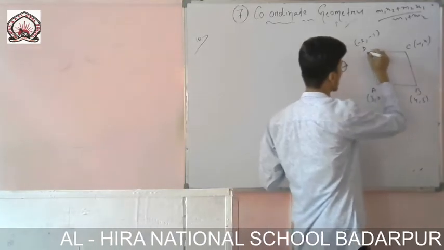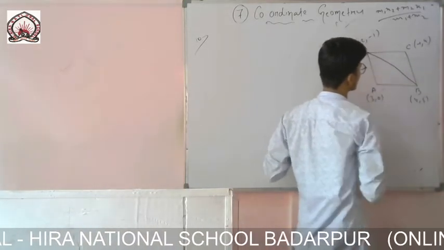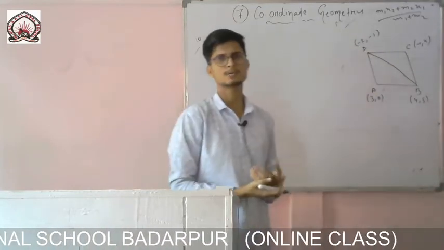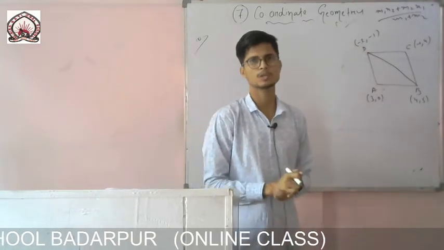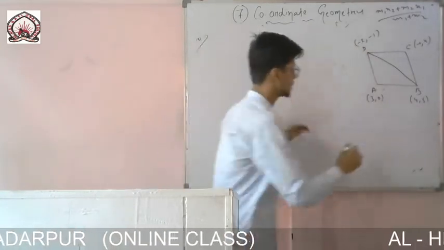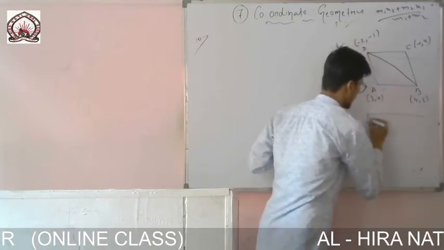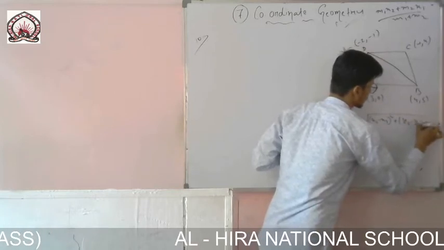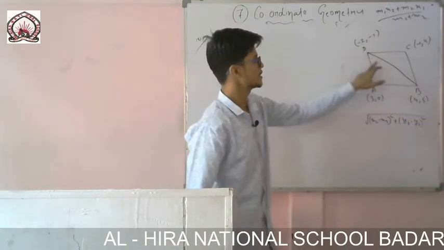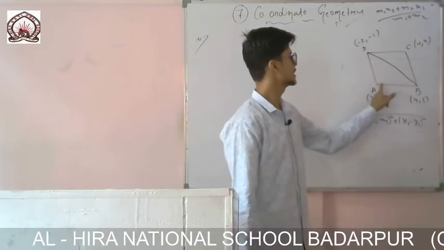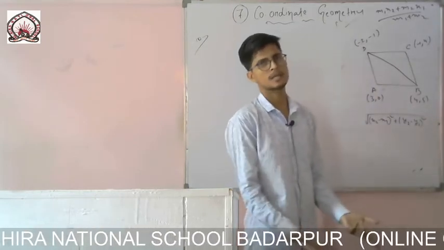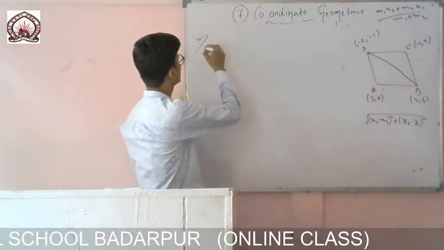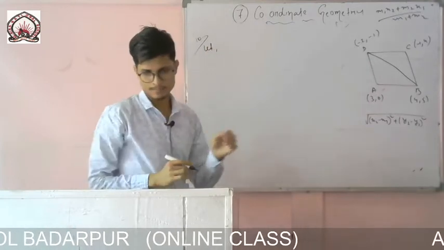So if I find the diagonals, that is the distance between these 2 points and between those 2 points, I can easily find it, because we know the distance formula: root over (x2 minus x1) whole square plus (y2 minus y1) whole square. First I will find the measure of this diagonal, then that diagonal, then I will simply multiply and get the answer.